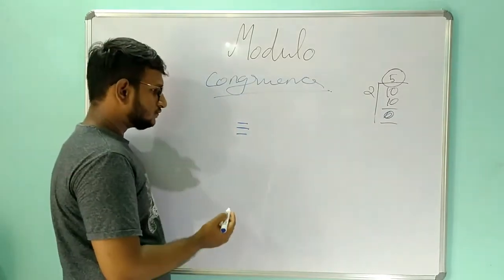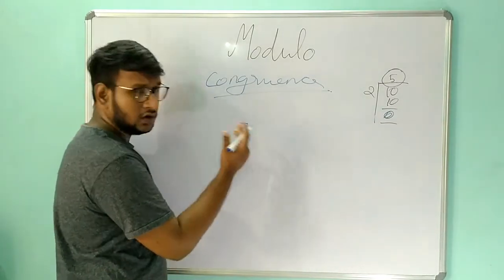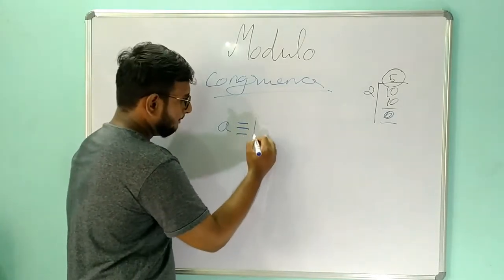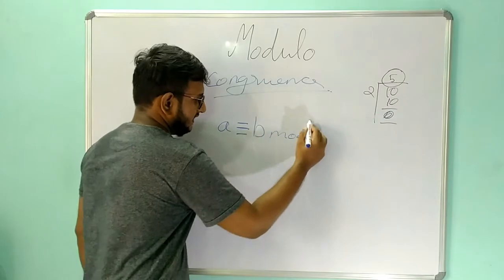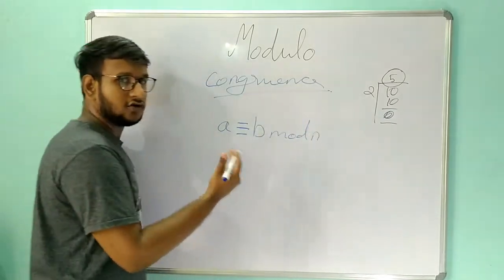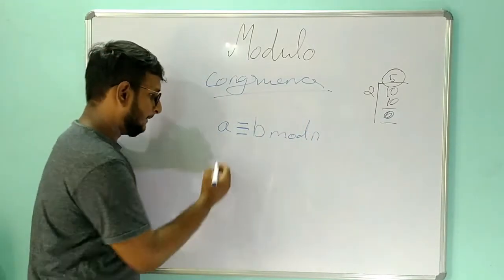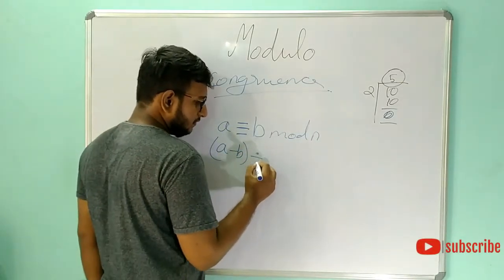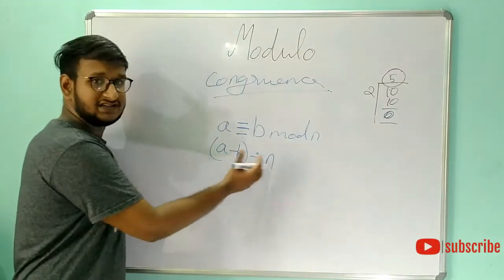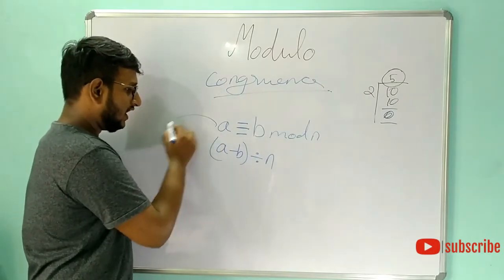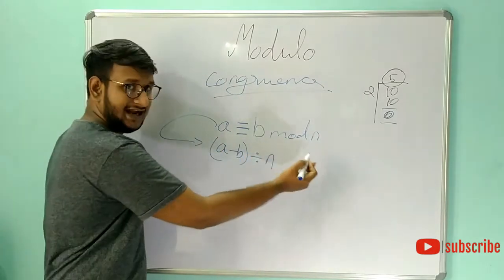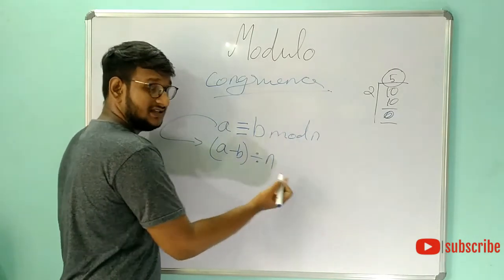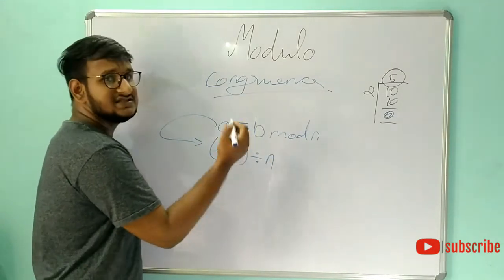It is represented like this: a congruent to b mod n. What congruence actually means is that a minus b is divisible by n. So a congruent to b mod n means that a minus b is divisible by n.